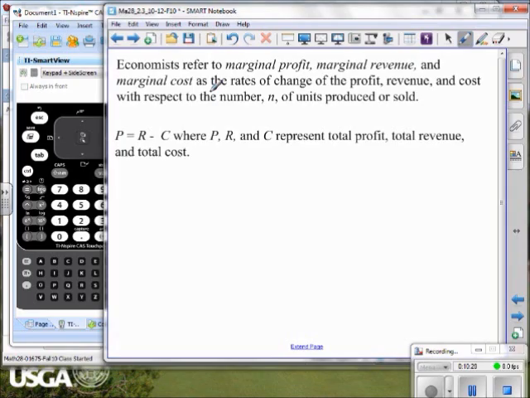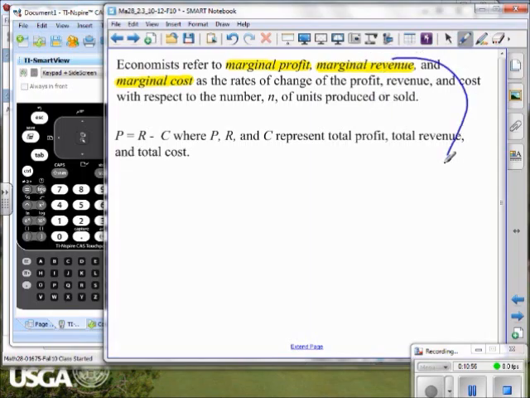Videos, thank you. Okay, what we're trying to do here is marginal profit, marginal revenue, and marginal cost. Those marginal, these are functions. You know, profit is a function of itself, so is cost, so is revenue. When we talk marginal, the thing we're talking about is instantaneous rate of change.